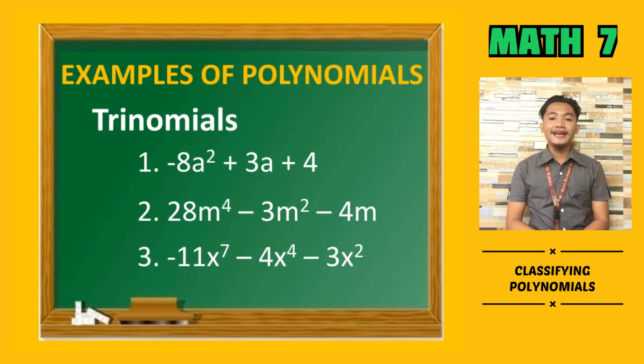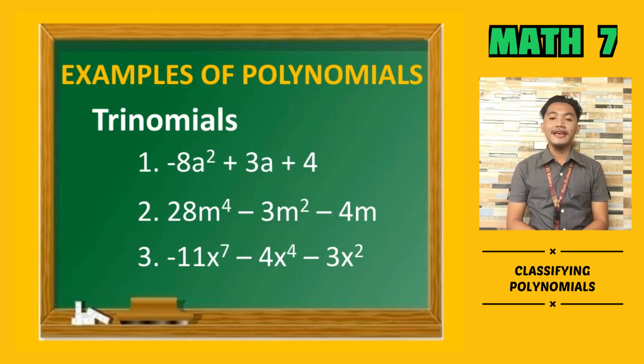And negative 11x raised to 7 minus 4x raised to 4 minus 3x raised to 2. In these examples, the terms are separated by the plus and minus signs. So if you count the terms separated by the plus and minus signs, there are 3 terms.